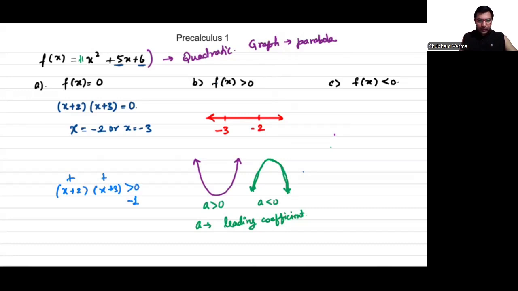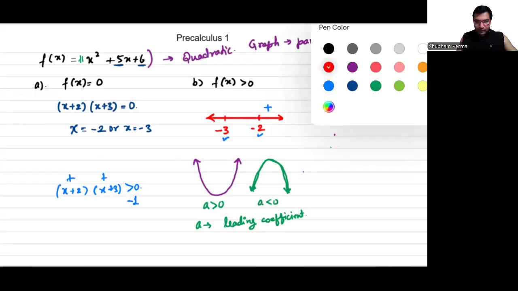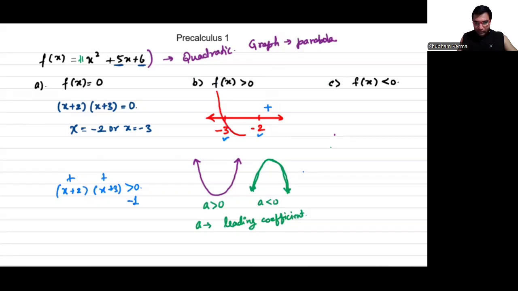So this is always greater than 0. So here it is positive. We also know that -3 and -2 are the roots. If they are the roots, that means my graph will cross this line. Yes or no? Yes. So it will go upwards. And how do I know it will go upwards? Because of the leading coefficient, isn't it?